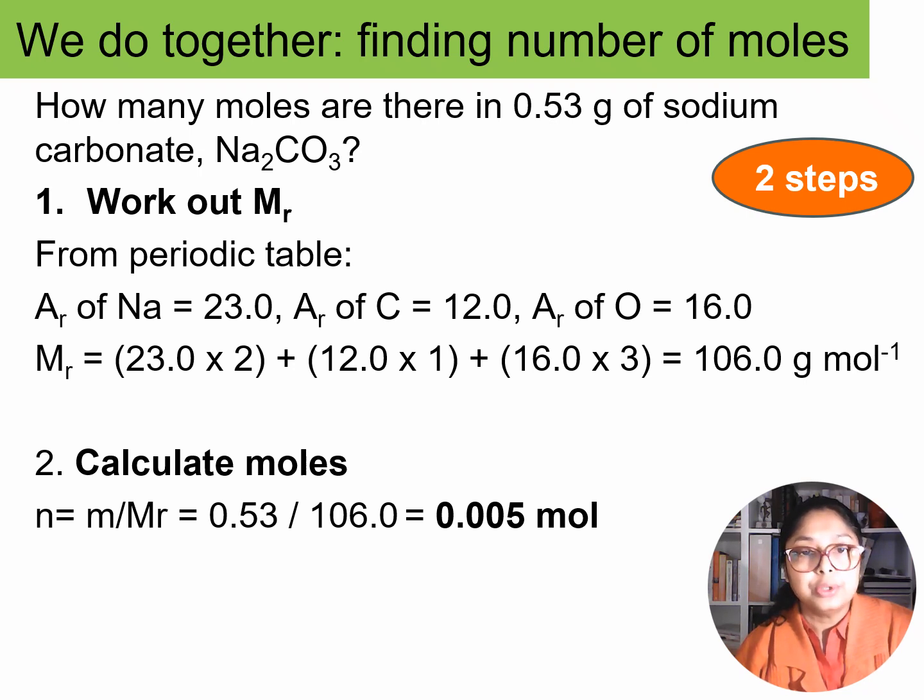So write that down, divided by 106 that you got in step 1, calculating the Mr. Now, if you type into the calculator 0.53 divided by 106, you will get 0.005.